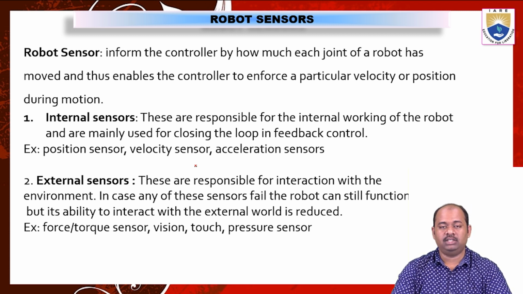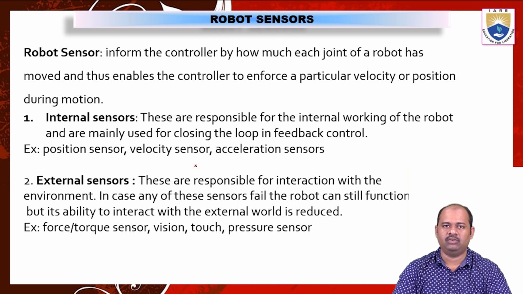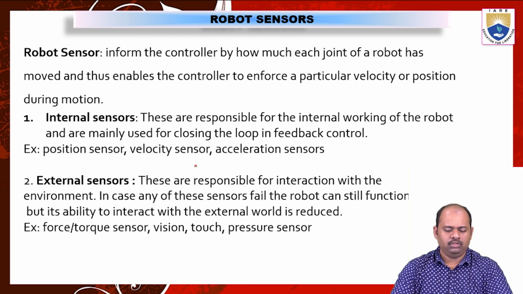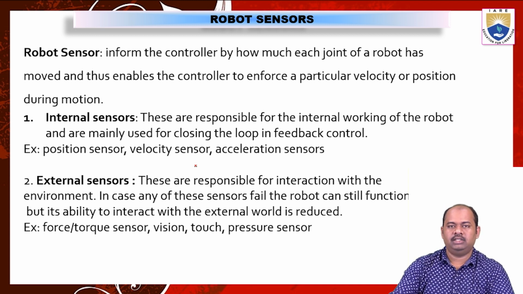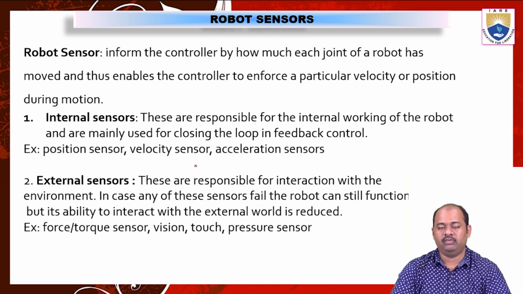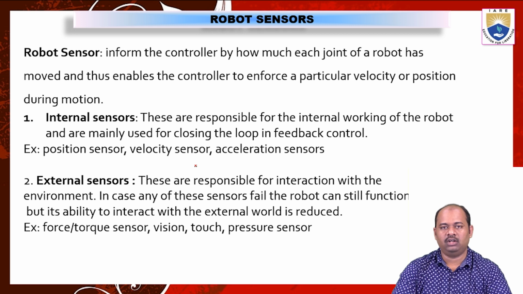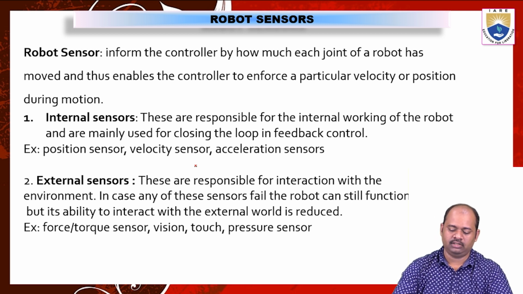And some sensors are connected with the environment around the robot. They can contact or gather information from the environment or the surroundings around the robot, so they are called external sensors. External sensors generally collect data like force, torque, vision, touch, and pressure.